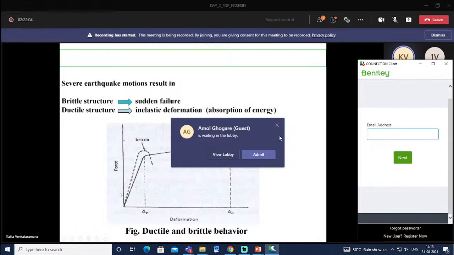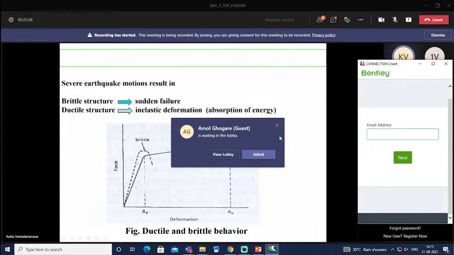Under severe earthquake motions, in the case of a brittle structure, there can be sudden failure. And if the structure is ductile, it can undergo inelastic deformation and there can be absorption of energy. This figure shows schematically force versus deformation.